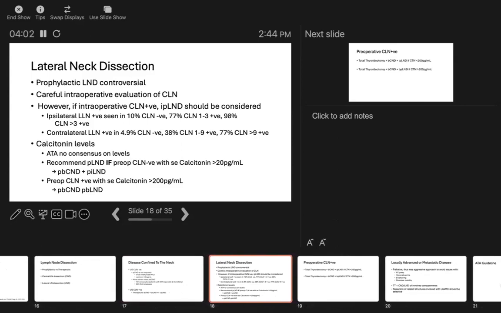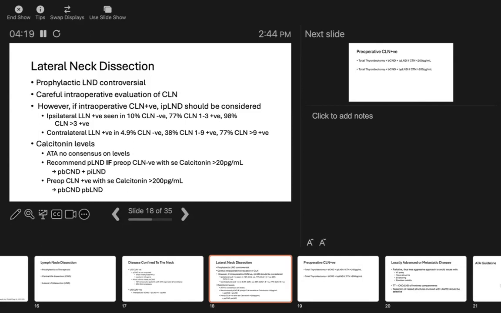For lateral neck dissection, prophylactic lymph node dissection is controversial, whether you do it unilateral or bilateral. You have to carefully do pre-operative evaluation and intraoperative evaluation of the central lymph node.